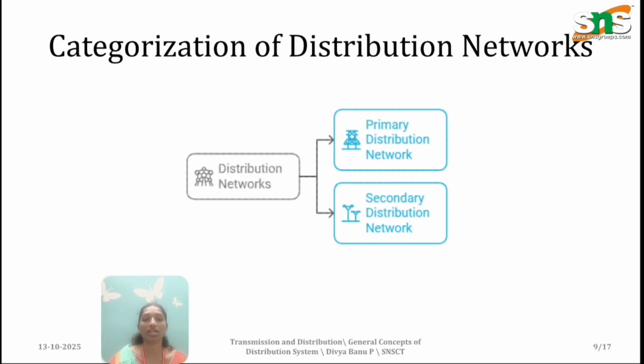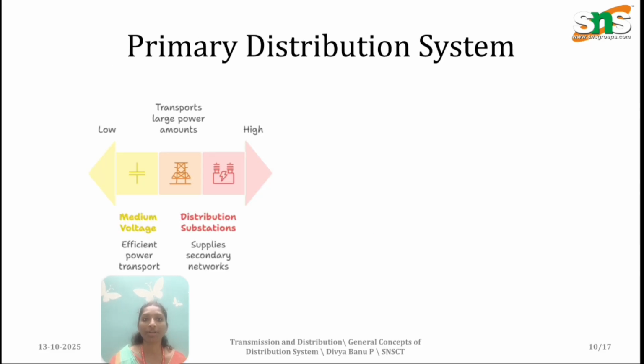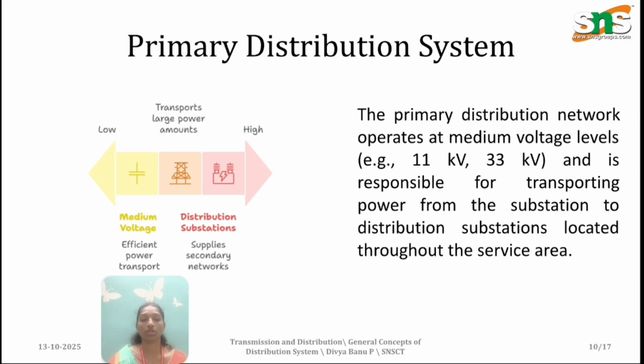Categorizing distribution networks, there are two types, as I have already said: primary distribution and secondary distribution. The primary distribution operates at medium voltage levels, for example 11 kV or 33 kV, and is responsible for transporting power from the substation to the distribution area.